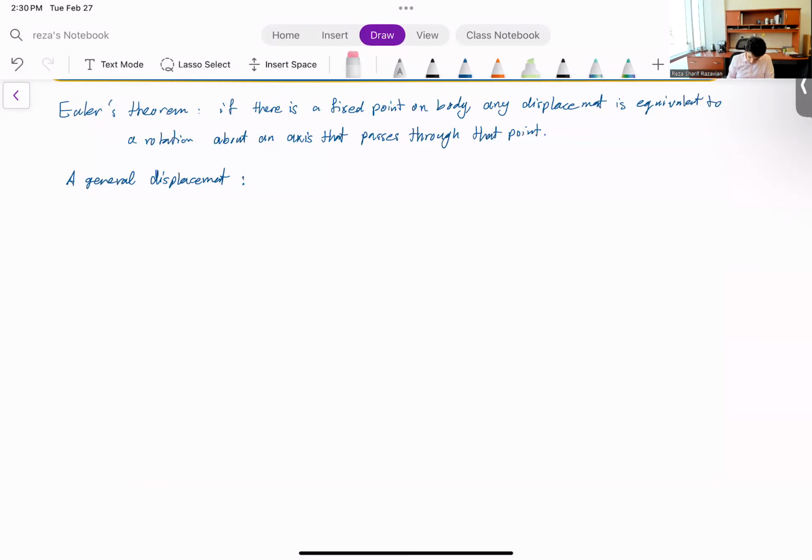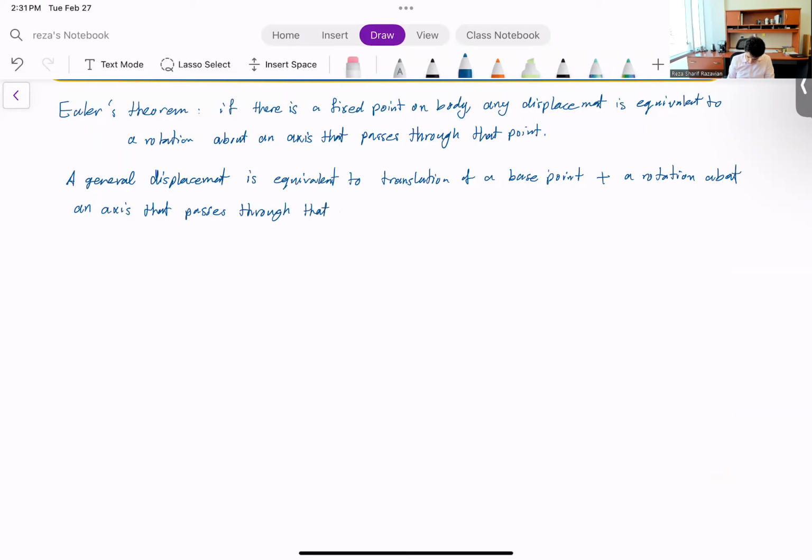So a general displacement is equivalent to a translation of a base point plus, or superimposed, a rotation about an axis that passes through that point.